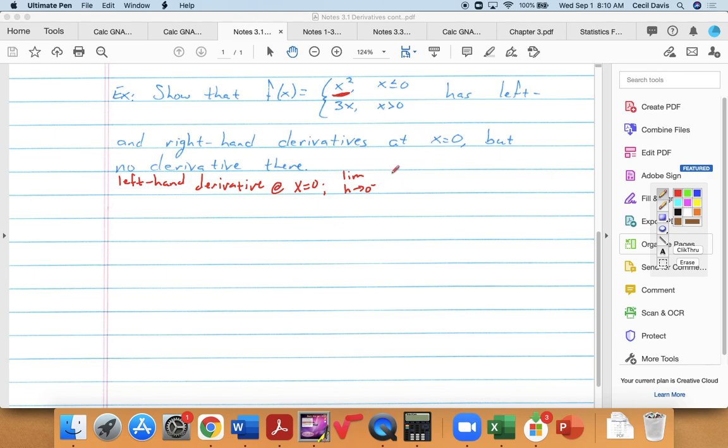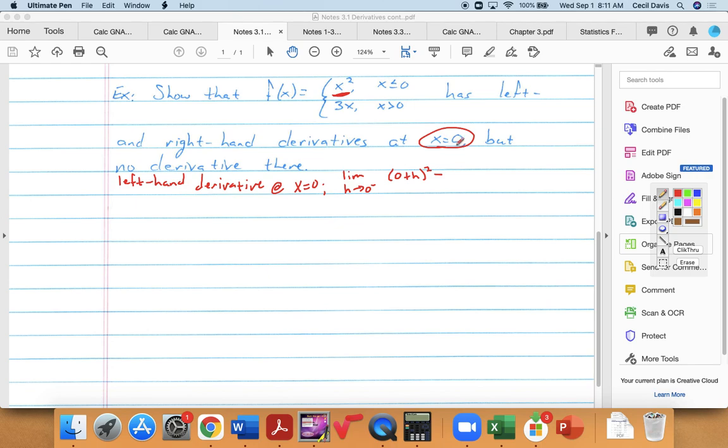So that's going to be 0 plus h squared. Now, be careful, there's a lot of zeros in this particular problem. This 0 is because we're looking at x equals 0. This 0 is part of the definition.